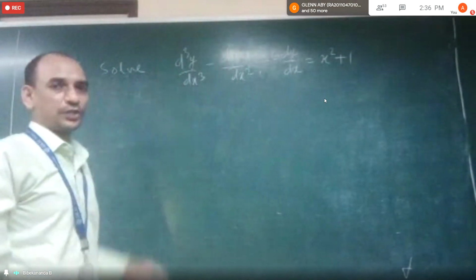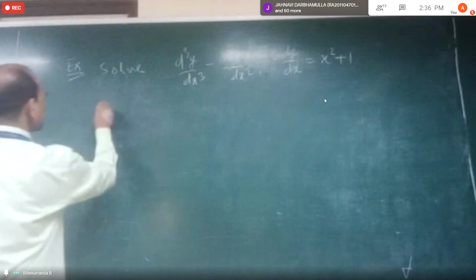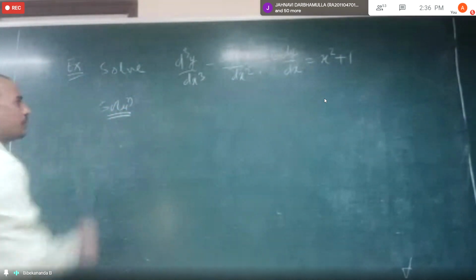So the question is of this form. If it is in this form, you have to write the D form. So what will be the D form here?